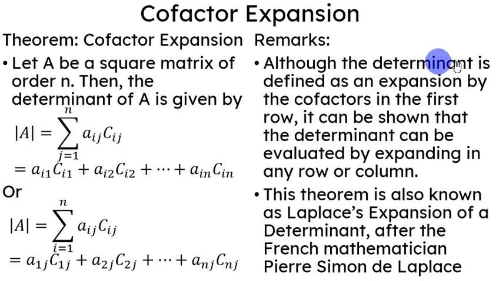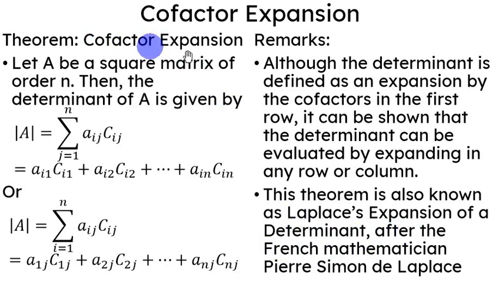Although the determinant is defined as an expansion by the cofactors in the first row, it can actually be shown that the determinant can be evaluated by expanding in any row or any column. This theorem is also known as the Laplace expansion of a determinant, after the French mathematician Pierre-Simon de Laplace.